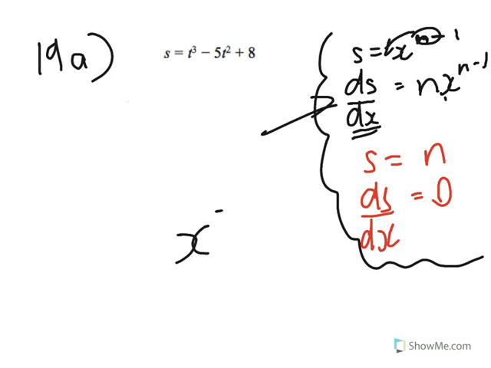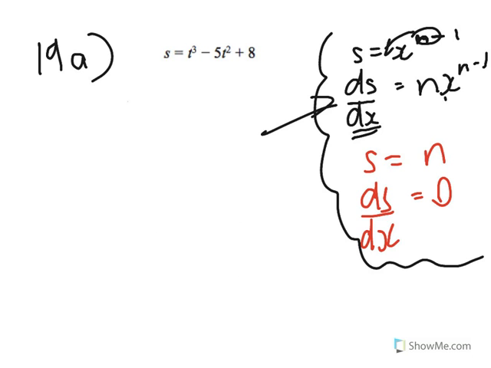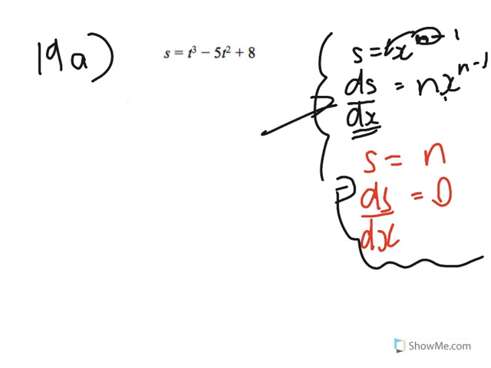So let's say you had x squared, the 2 would come down, so it becomes 2x to the power of 2 minus 1, which is 2x. And let's say you had s equal to a constant 6 and you differentiate ds with dx. It would become 0. If you're differentiating a constant, it just becomes 0.